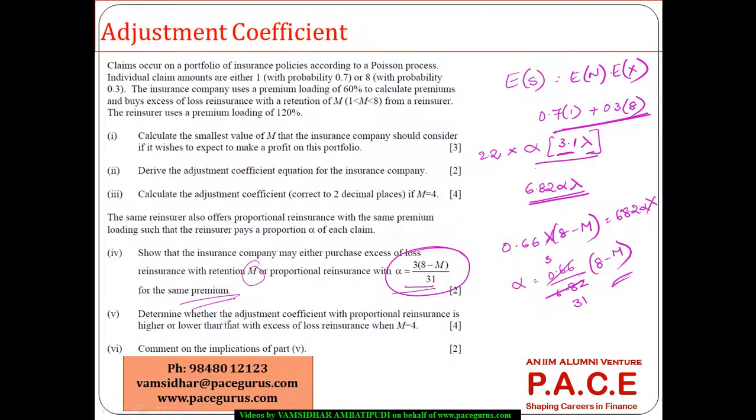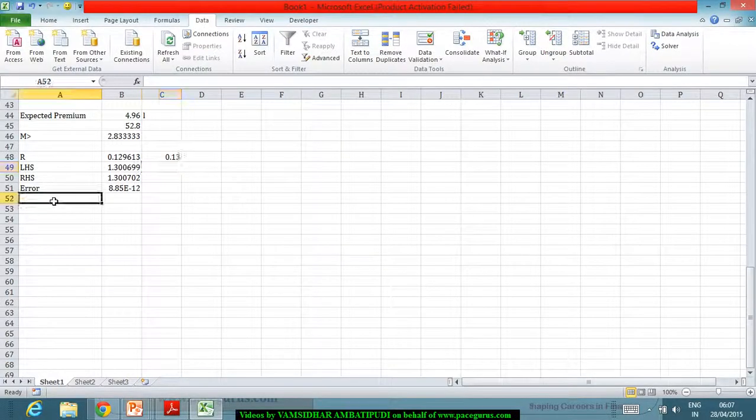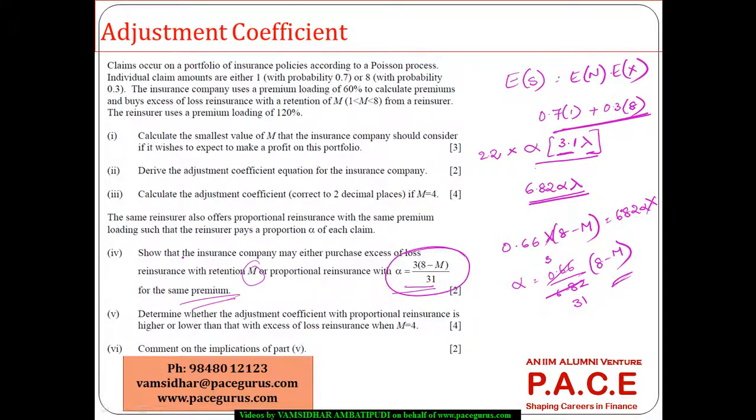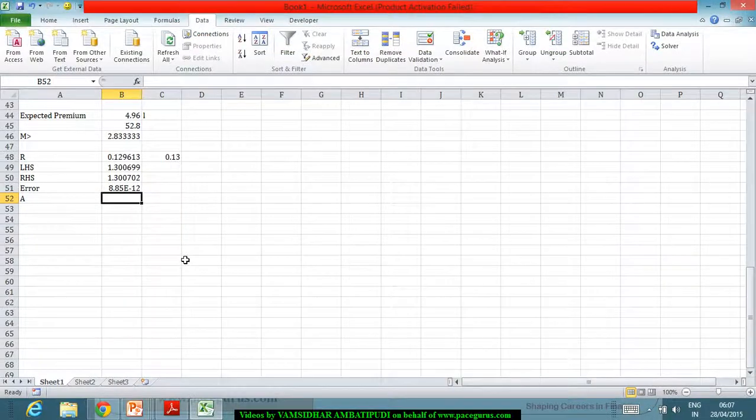Then determine whether the adjustment coefficient with the proportional reinsurance is higher or lower than with the excess of loss reinsurance when m equals 4. Now from here I should be able to know what is my alpha value for m equal to 4. It becomes 3 by 31 times 8 minus m, which is 4, which works out to 0.387.